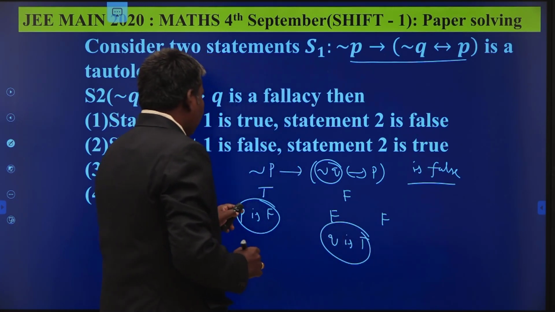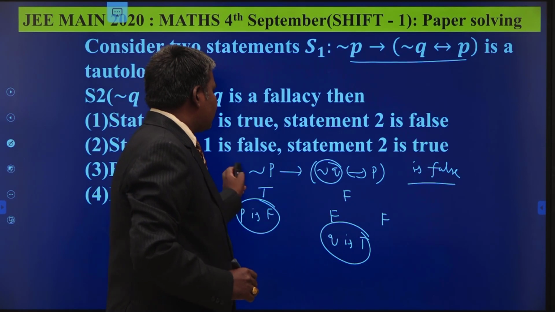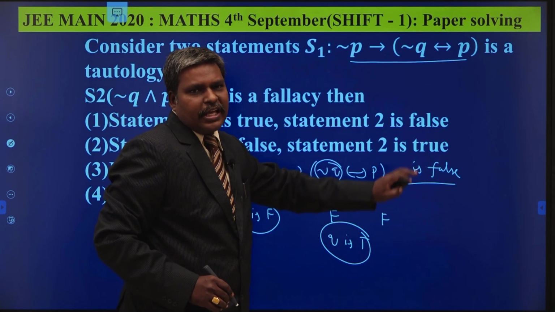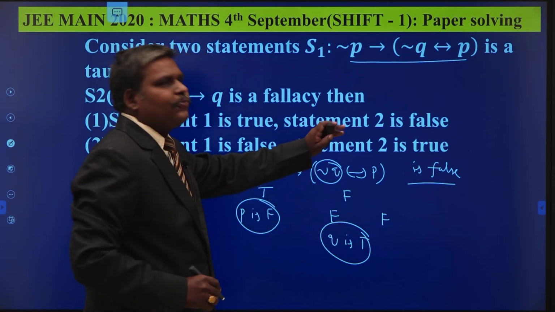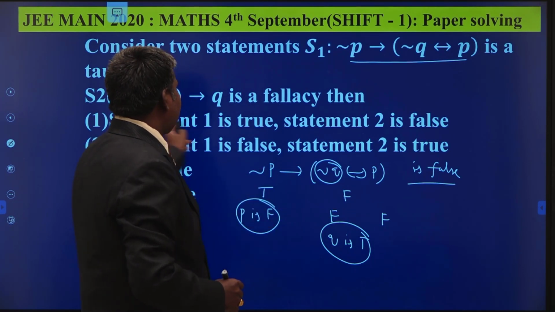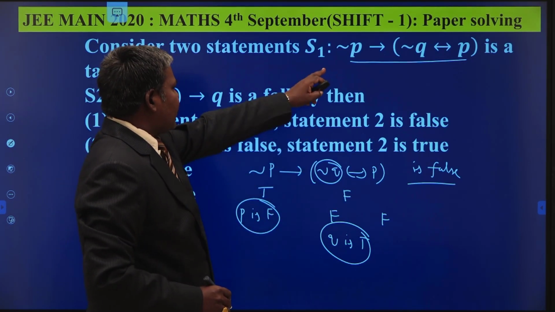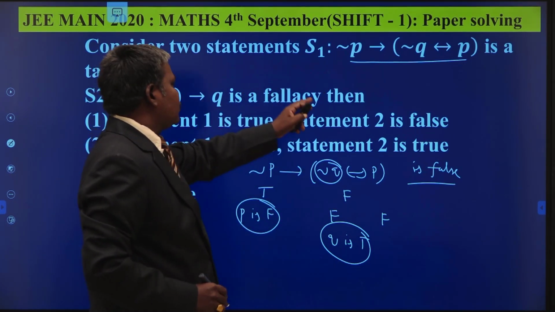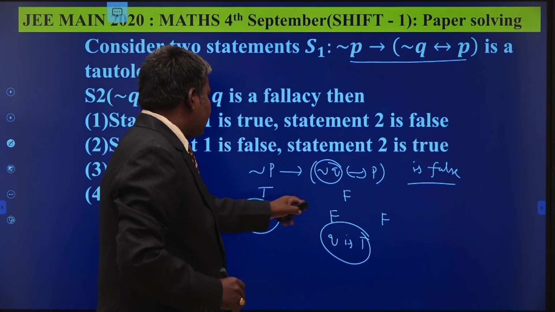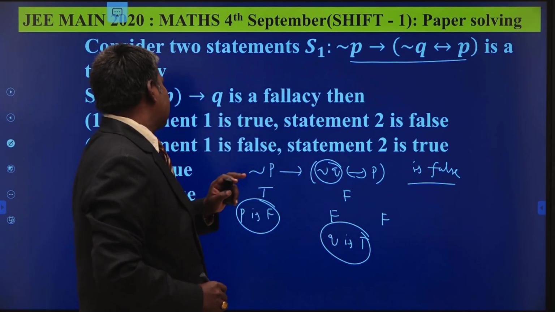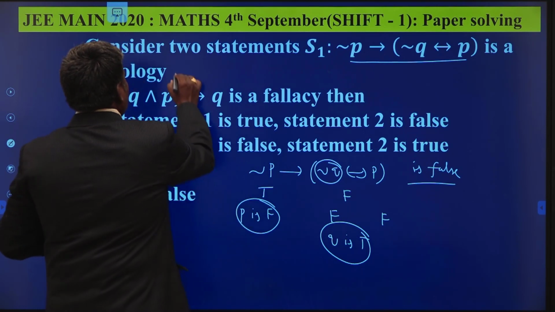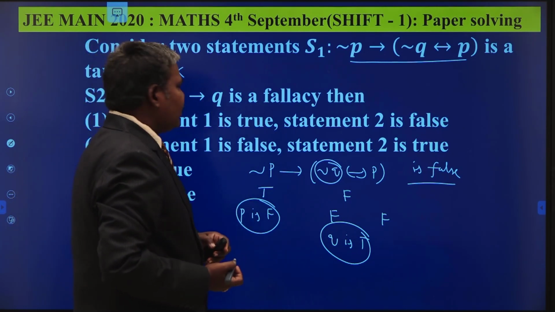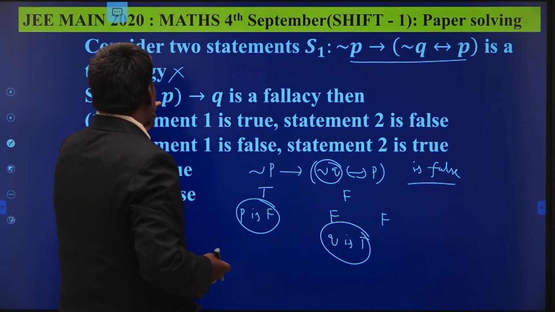So for P false and Q true, this statement is false. Therefore at this time we have false. We mean the statement is wrong, because every time it should give truth values, but for P false, Q true, we obtain a false statement. That is why it is not a tautology. Similarly, it is false.